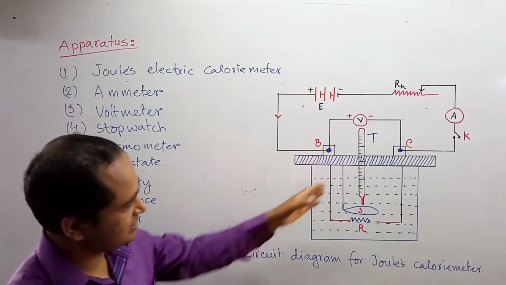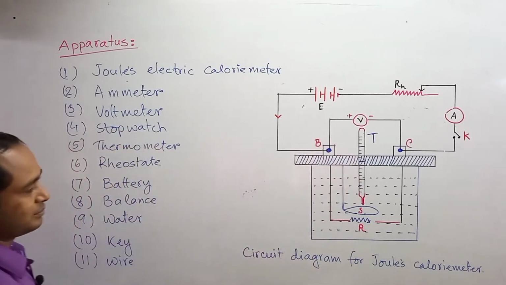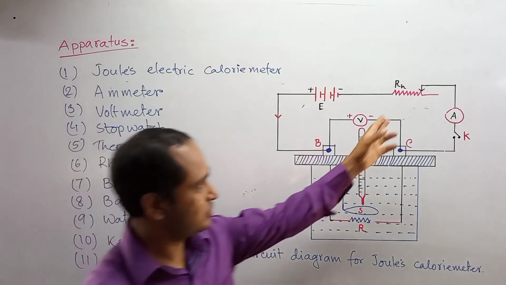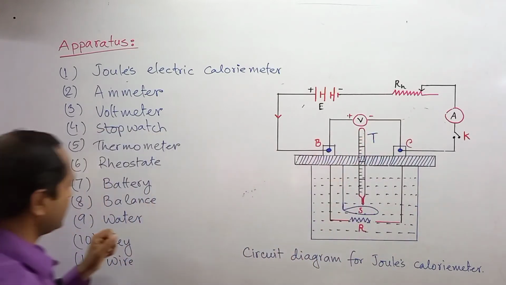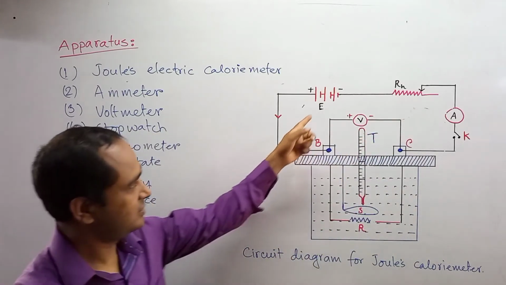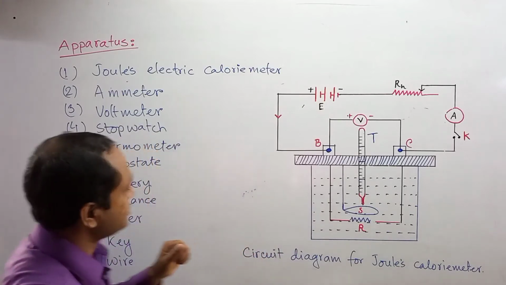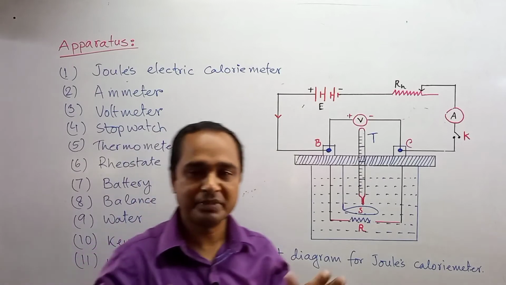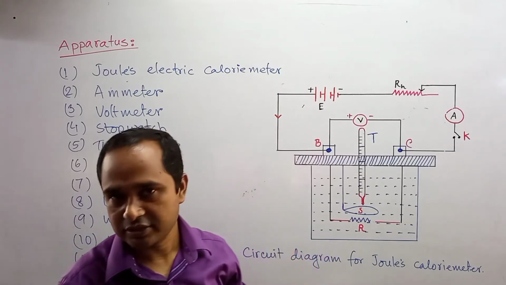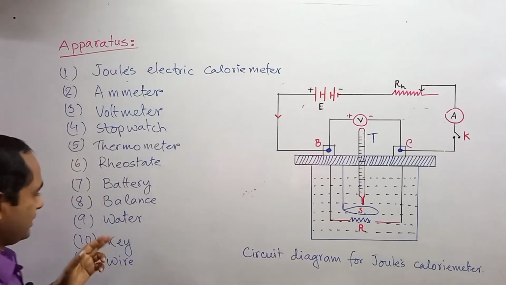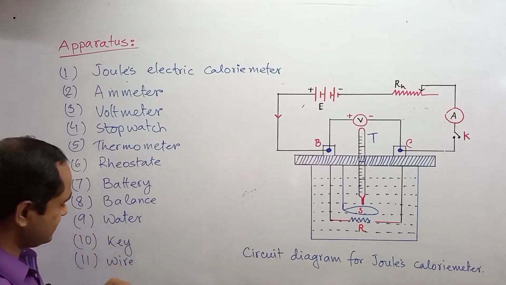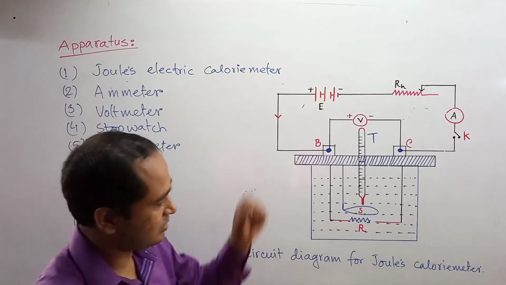A thermometer is inserted in the calorimeter to measure the temperature of the calorimeter and water. A rheostat, that is the variable resistance, is connected here, and a battery is the source of the electric current to produce heat. A balance is required to measure the mass of the calorimeter and water. A key controls the electric current, and wire is for the connections of the circuit.